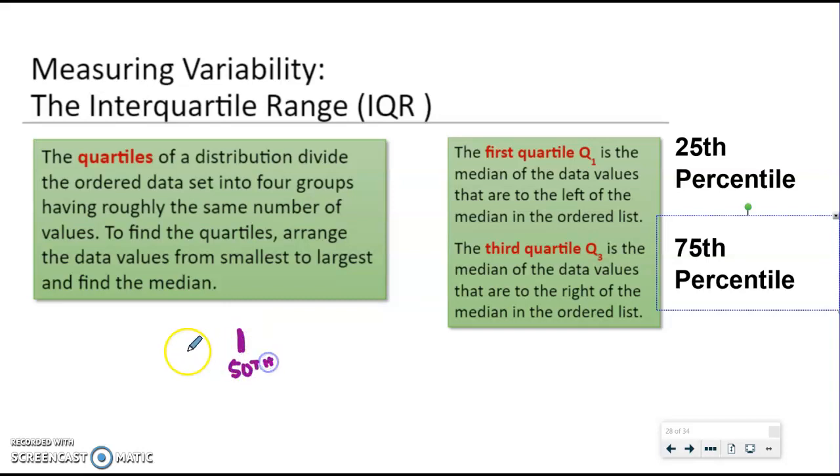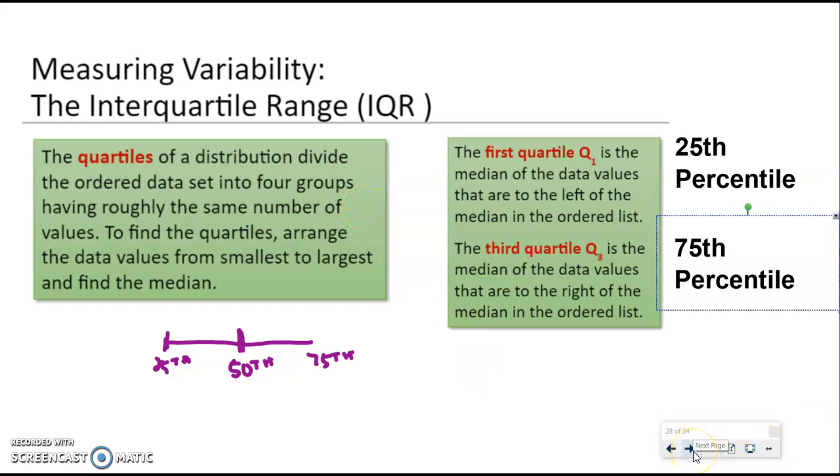Well, I can also split data into two other quarters, and I can call those the 25th percentile and the 75th percentile. The 25th percentile is called the first quartile. It's like the middle of the left half of the data. And the third quartile is the middle of the right half of the data.